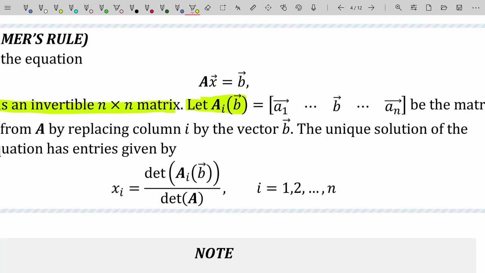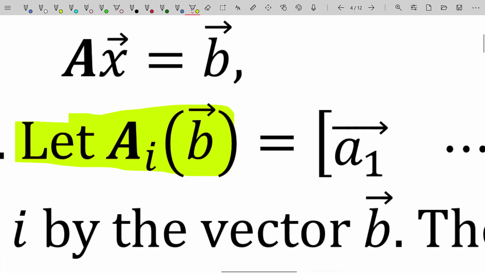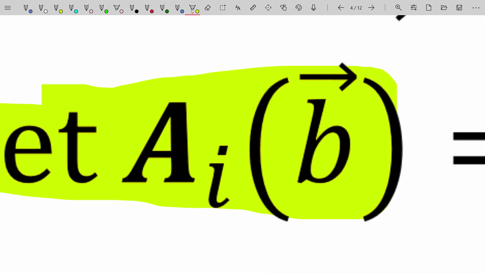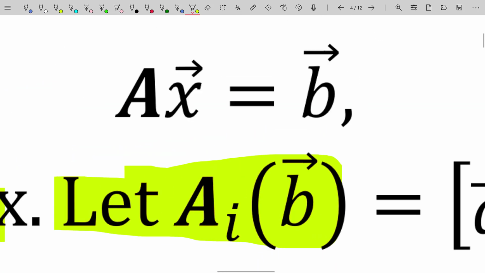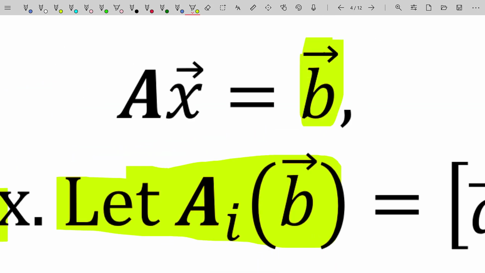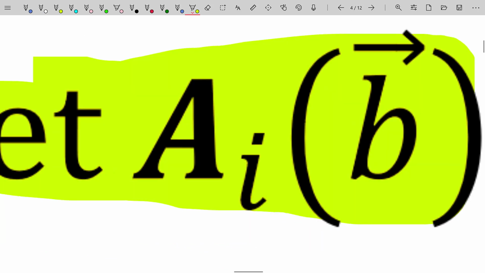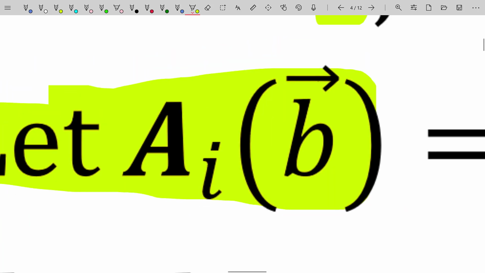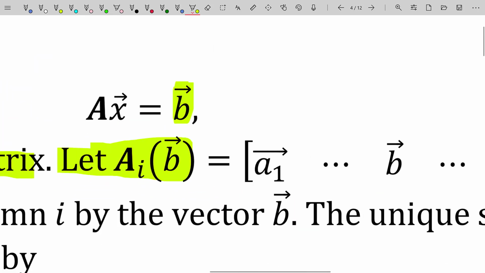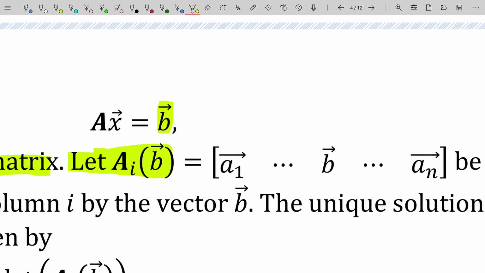However, in the textbook that I use, it's called A sub i of B. It's a function of B because you're plugging in the vector B from the matrix equation and replacing the ith column of A with that vector B. So A sub 2 of B would take your matrix A and replace column 2 with the vector B. A sub 3 of B would replace column 3 with B, and so on.